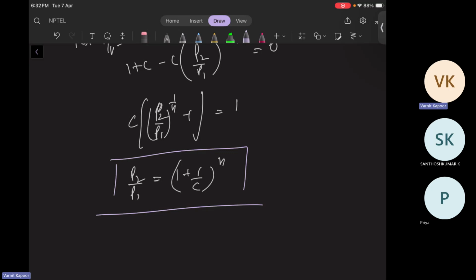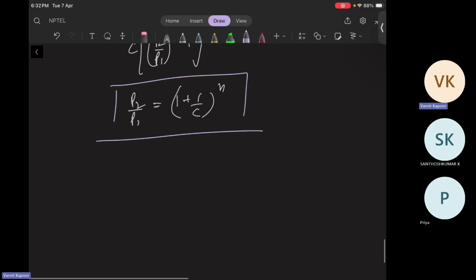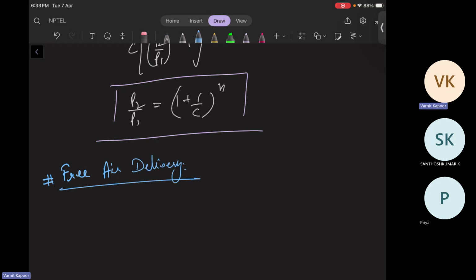Now let's come to the concept of free air delivery. What do we mean by free air delivery?